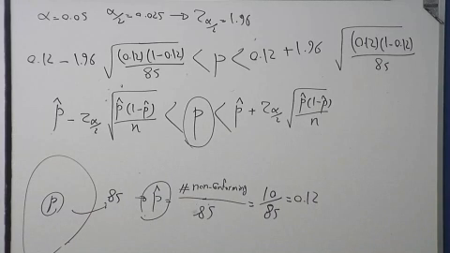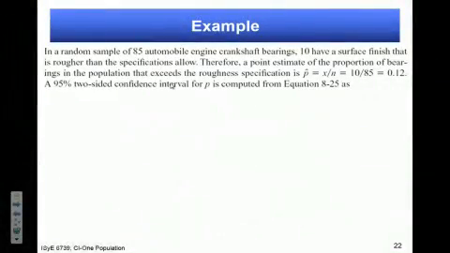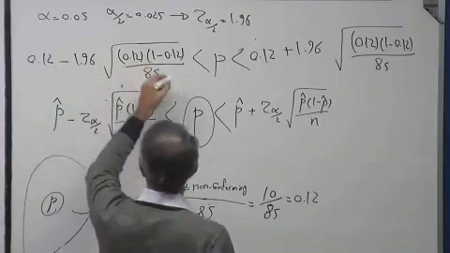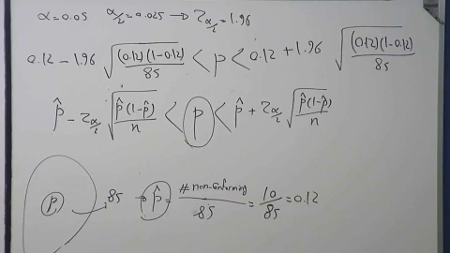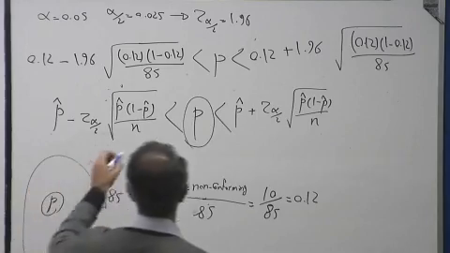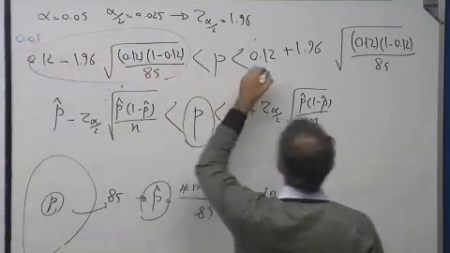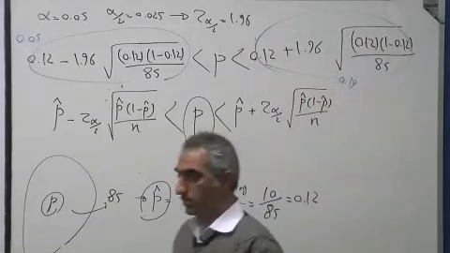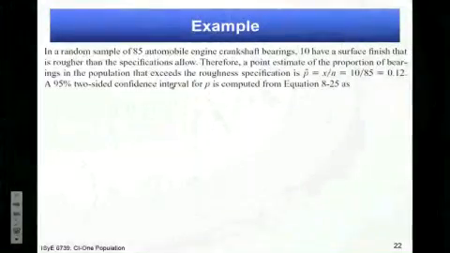Let me see what I have here. It's 0.05 and 0.19. Okay. So what does it mean? That's a good example, actually.